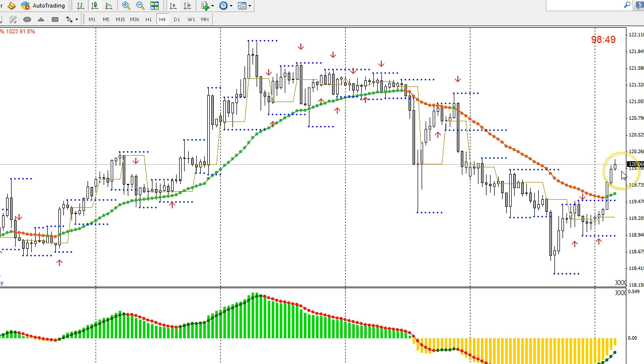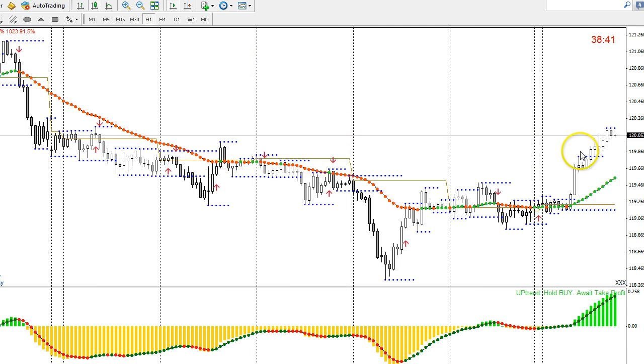Entering now would be chasing the market unless we look at a lower time frame, the 1-hour. And the 1-hour is giving us a potential entry level. It would be nice to see the currency coming back down to that previous level at 119.80 for it to break the upside again. That would give us a little bit more momentum or more of a build-up. So that's it for the three major currencies.